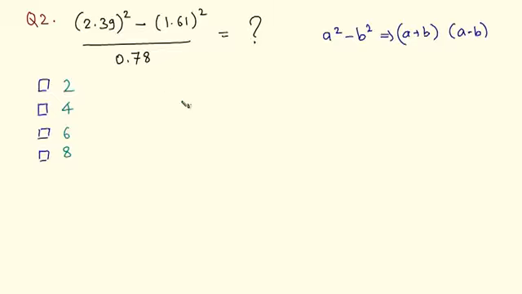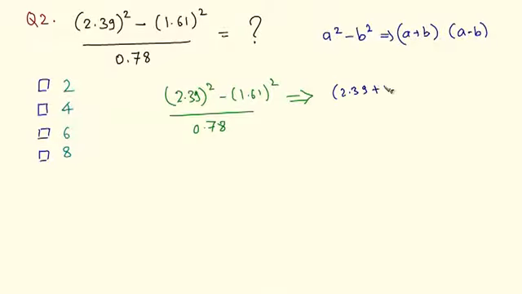So 2.39 whole square minus 1.61 whole square upon 0.78. It can be written as, using this formula, 2.39 plus 1.61 into 2.39 minus 1.61 divided by 0.78.